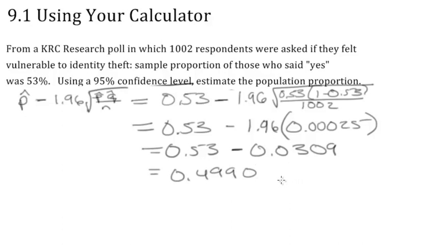Okie doke. Doesn't look right. Hang on. Okay, I had some rounding error there, because I actually did compute it out to more decimal places, but then I rounded. And so the upper edge of my confidence interval is going to be the point estimate plus 1.96 times the standard deviation.